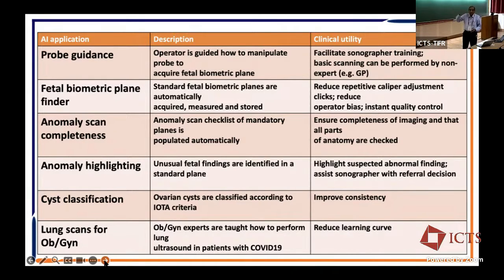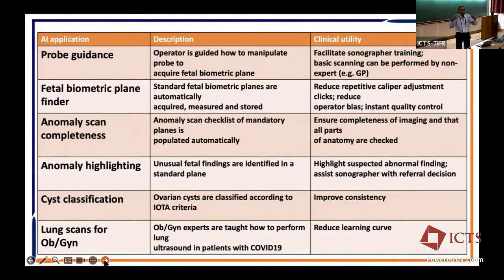Second is how to identify the biometric plane: the biparietal diameter, the occipitofrontal diameter, the exact measurements to be done. Then anomaly scan completeness. This is something I'm going to show you. It's very interesting because I know when to start a scan. The patient is on the table, I put the jelly, I start. But when am I going to put the probe back and tell the patient the scan is over?